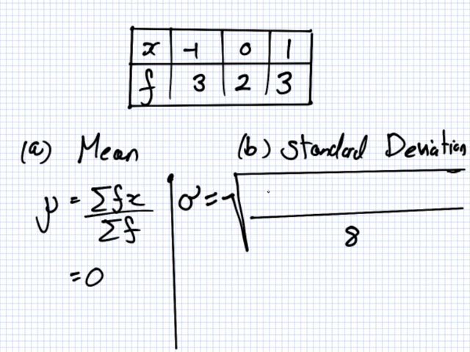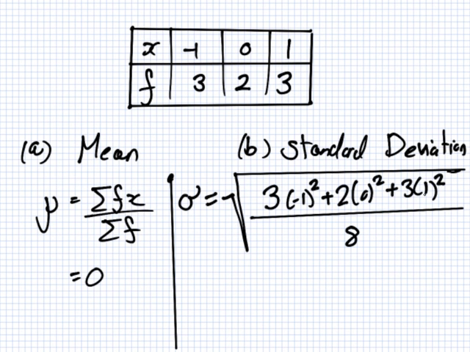Now the first one is minus 1 minus 0. So I won't bother writing the 0 in. I'll just write minus 1 squared. But how many of those do you have? 3 of them. Plus 2, 0 squared, plus 3, 1 squared.